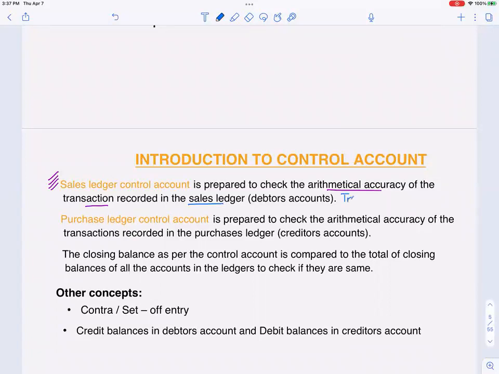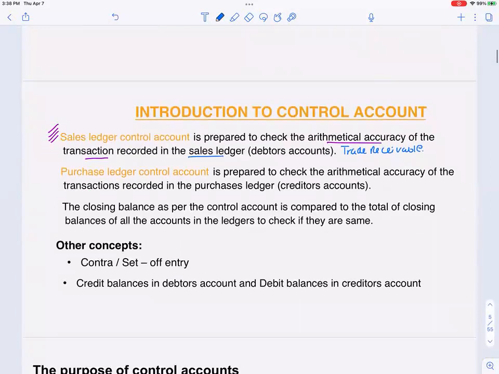Customer is also called what? Trade receivable account. Why is a PLCA prepared? To check arithmetical accuracy of the transactions in the purchase ledger. In the purchase ledger which account you have? Trade payable account. SLCA and PLCA is in which ledger? General ledger.